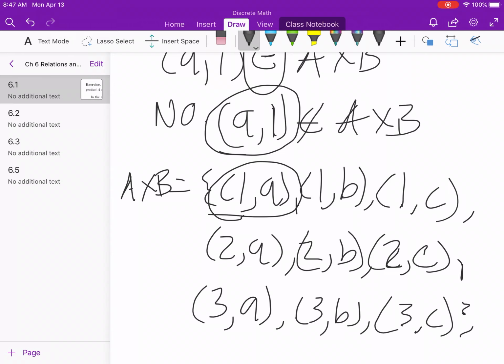And remember, if I had a set with elements a and 1 and another set with the elements 1 and then a, those sets are the exact same set. Those sets are equal to each other. But when I'm looking at ordered pairs, it matters what's in the first place, and it matters what's in the second place.